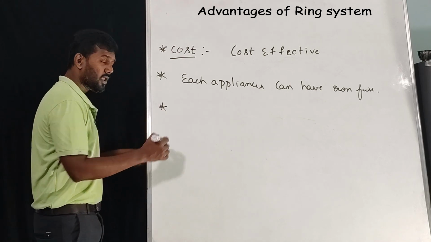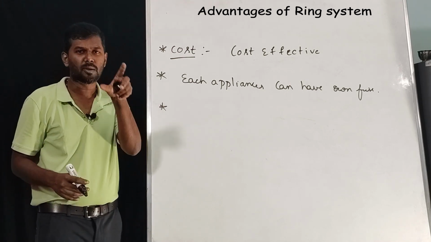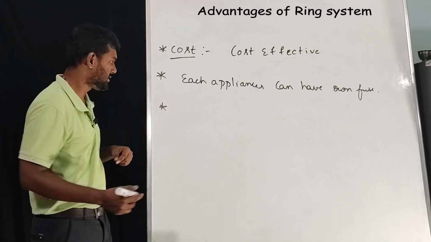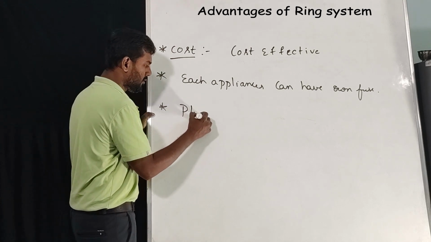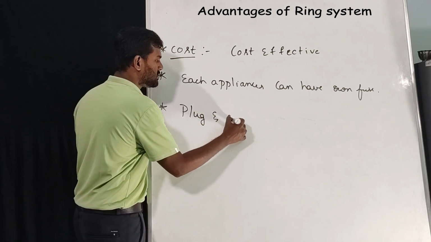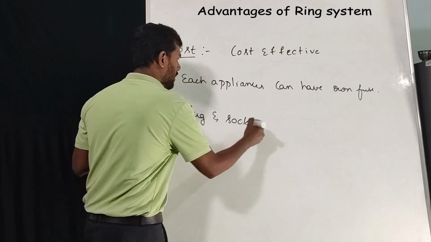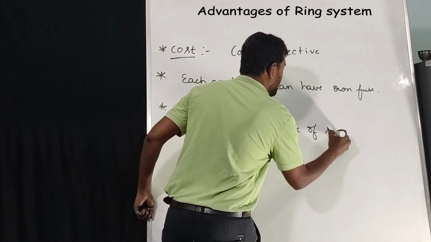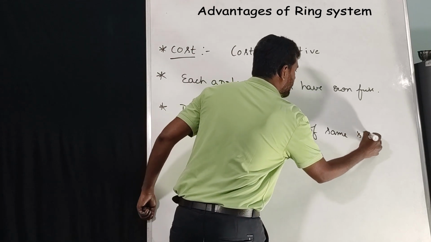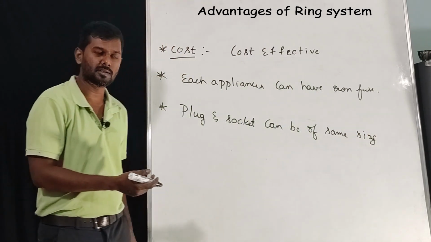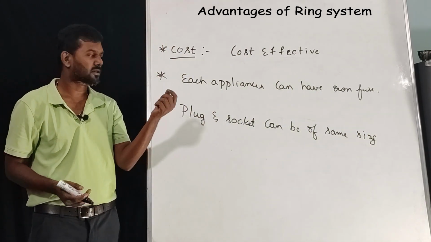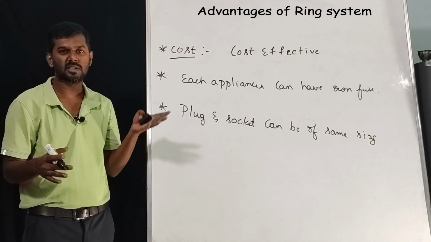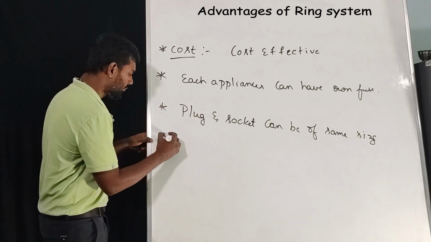Then the plug and socket can be of the same size. For every appliance, the plug and socket size can be the same, so we can use it without any problem.